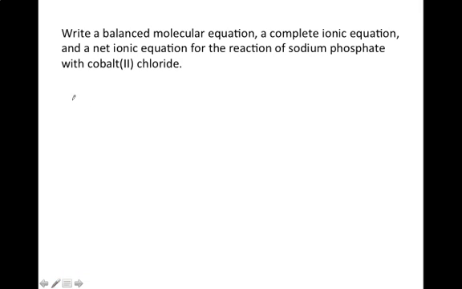Okay, so let's write that again. Na3PO4. Okay, and that's aqueous. All right, our second reactant is cobalt 2 chloride. So that's CoCl2.